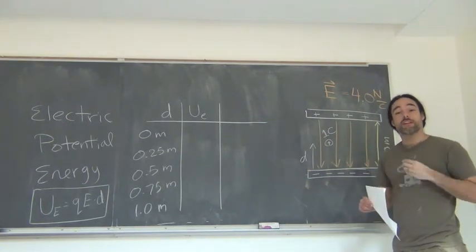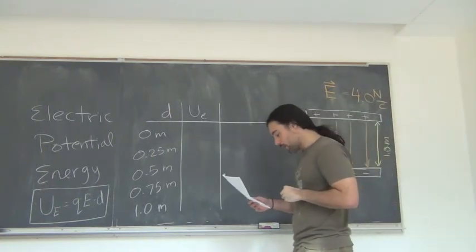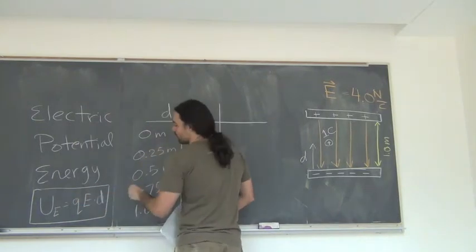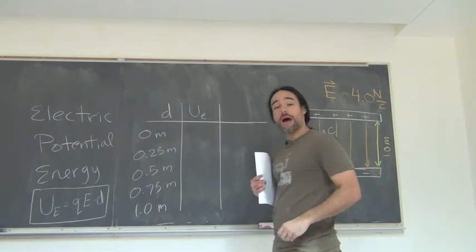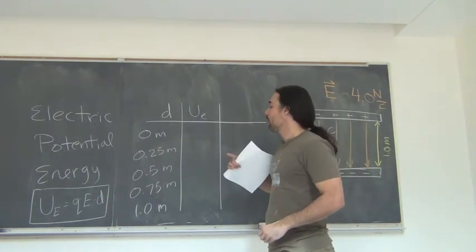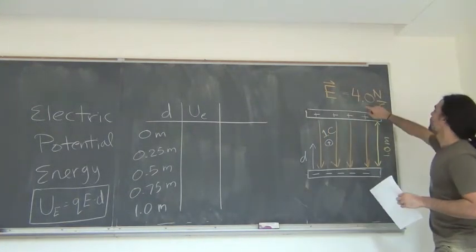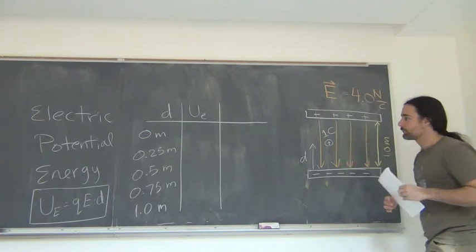We're going to be measuring the electric potential energy for that 1 coulomb charge. Well, Q is 1, E is 4. So I just have to take 1 times 4, that'd be 4 newtons, times whatever the distance is.